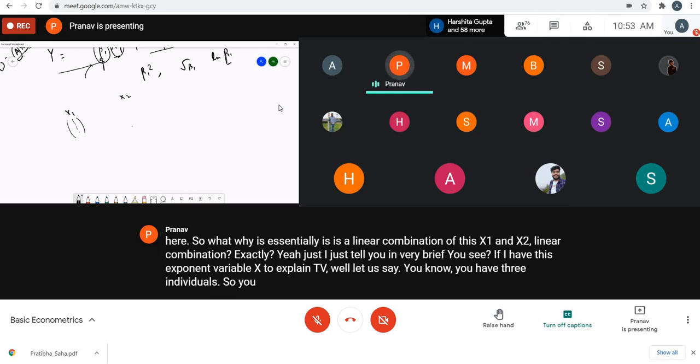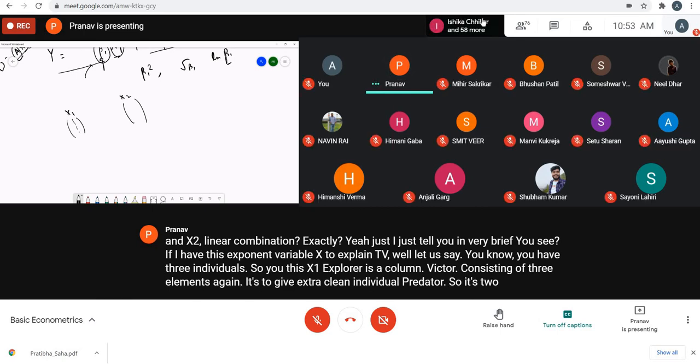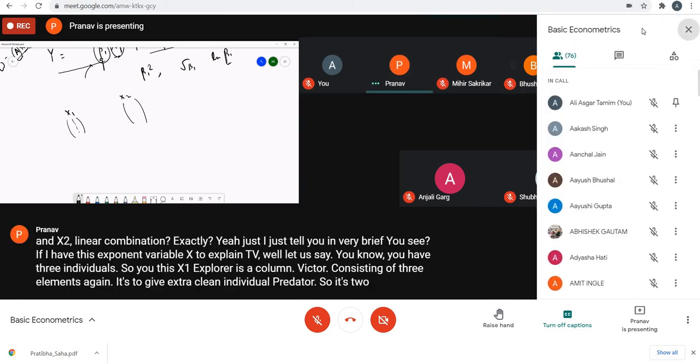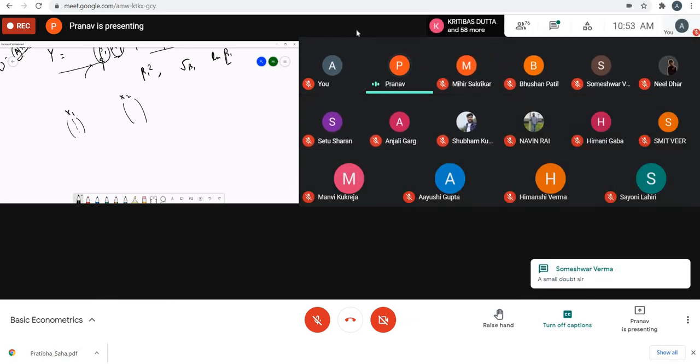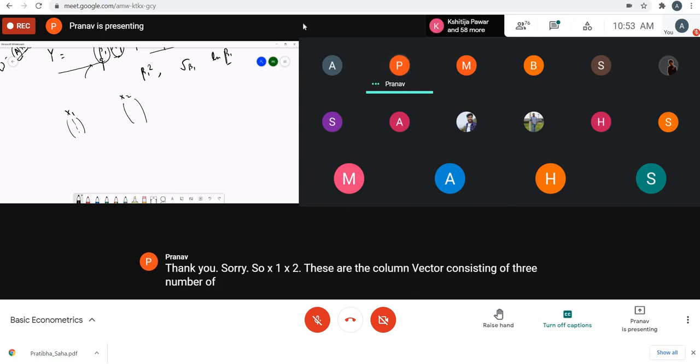So this x1 explanatory variable is a column vector consisting of three elements. अगेन x2 में मेरे आपके पास 3 इंडिविजुअल पे डेटा है. So x1, x2, these are column vectors consisting of 3 elements.